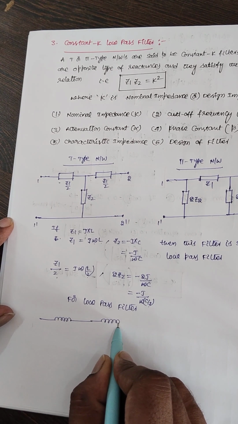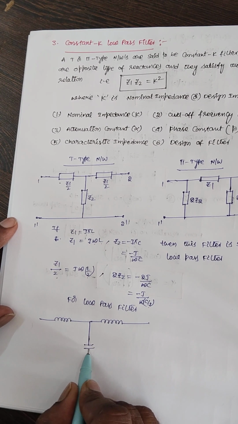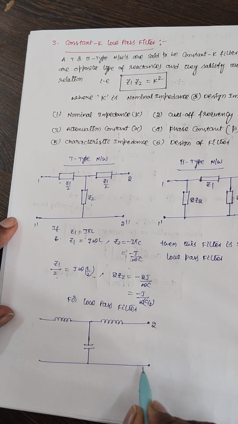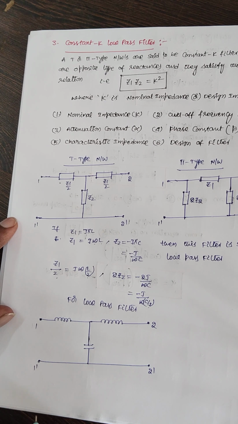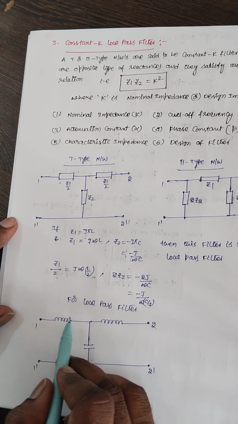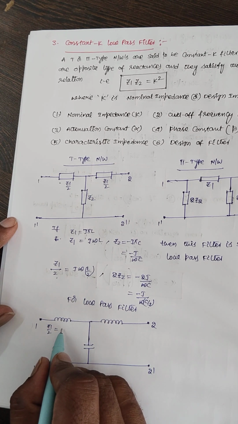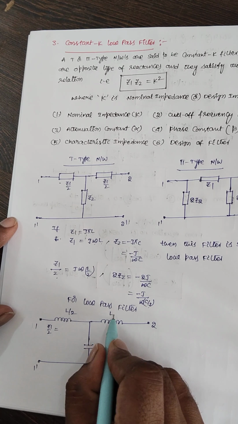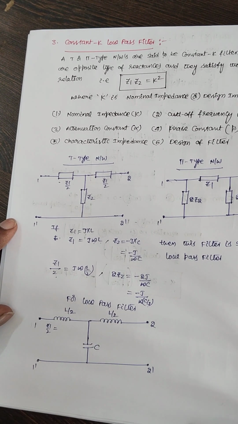This Z1 by 2, it is also an inductance. This Z2 is a capacitance. It is 2 dash. It is 1 dash. This is Z1 by 2 here, that is equal to L by 2. Here also it is Z1 by 2, it is L by 2. It is Z2, so it is C, capacitance itself.